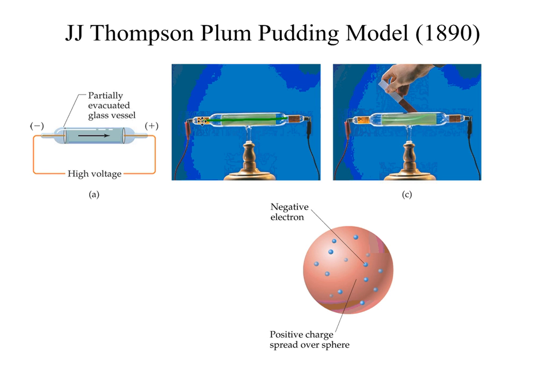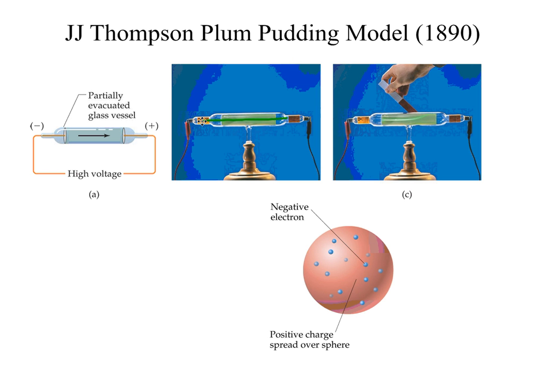Now, using a magnet, they could tell that the beam was deflected by a magnetic field, and they were able to determine that the beam was particles coming off of the atom, and that those particles had a negative charge.